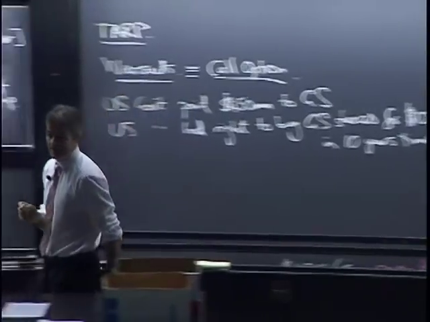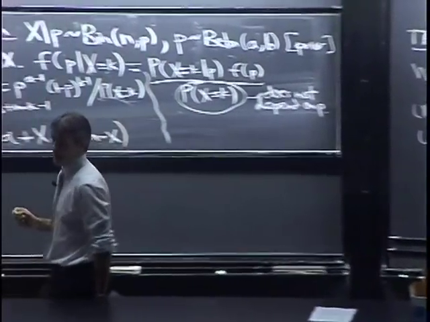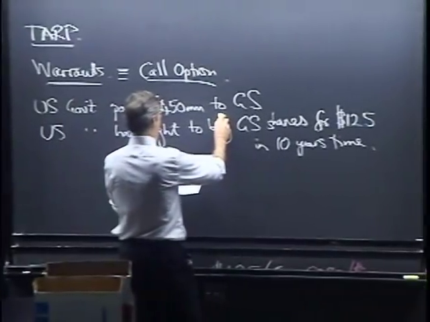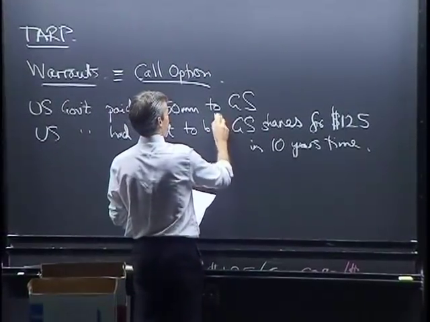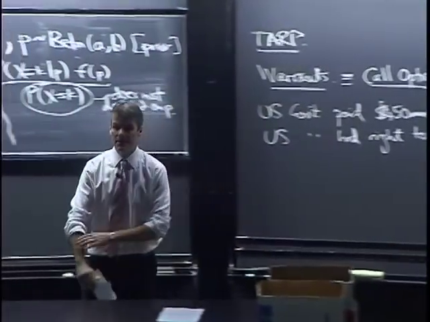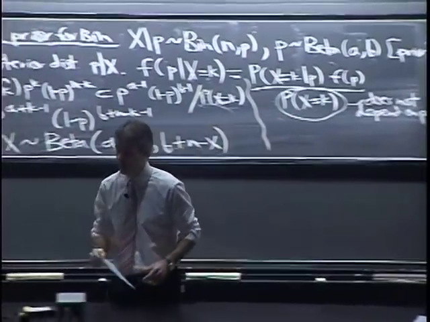Okay? It's as simple as that. They paid, and they had the right to buy 10 million shares, for $125 each.